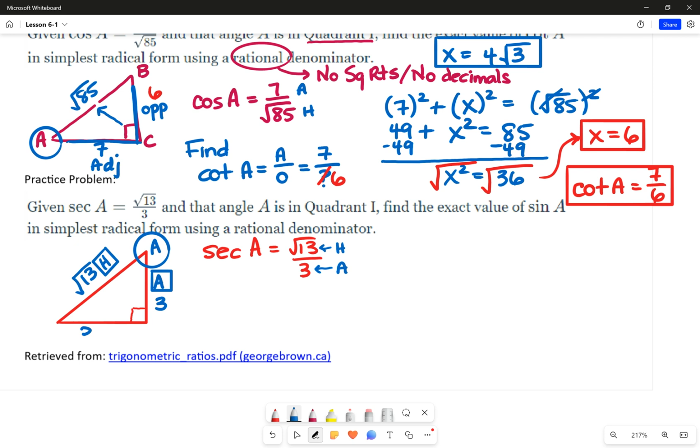So this is the part that I don't know, question mark, and it so happens that this one too is also missing the length of the opposite side.